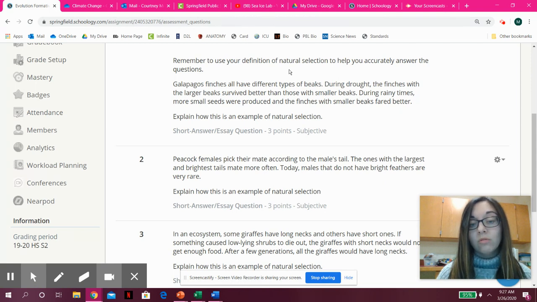You should avoid saying the finches adapted to their environment, because that's likely not true. Maybe over a long time scale that would be, but what you should say is the finches that were already better adapted survived to reproduce and pass on their genetics.